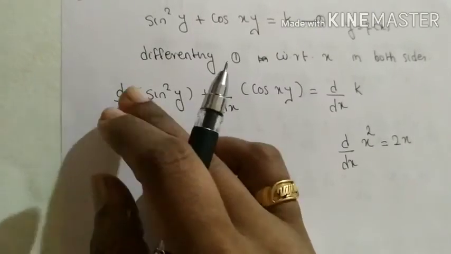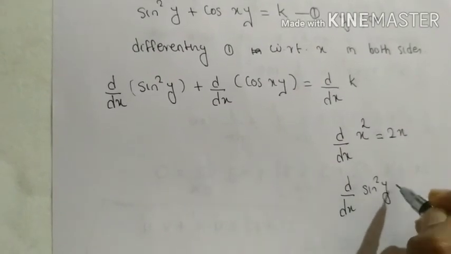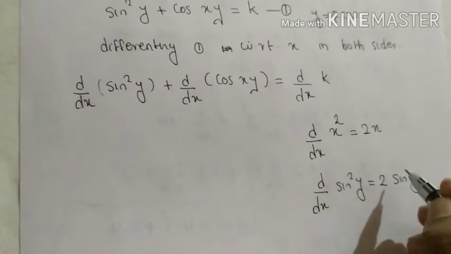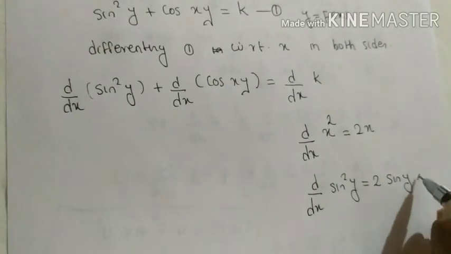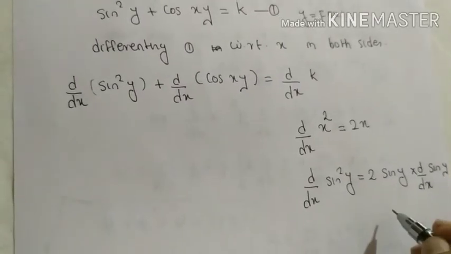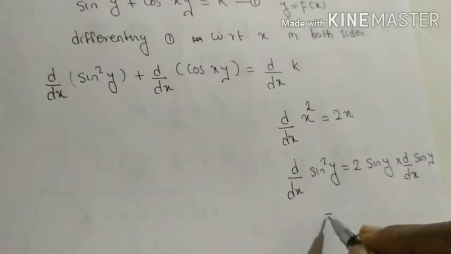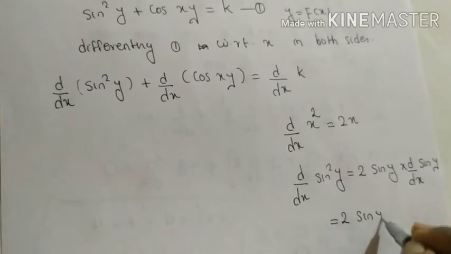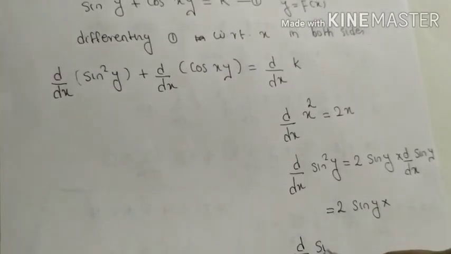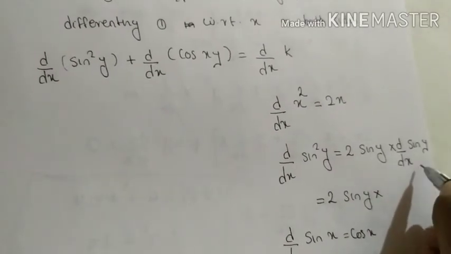Here we need to find the derivative of sine square y. So the derivative of sine square y will be 2 into sine y into the derivative of sine y, where y is another function, so by using the chain rule we need to find the derivative of sine y.